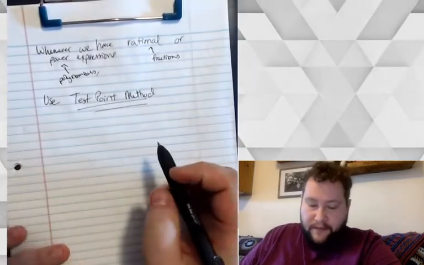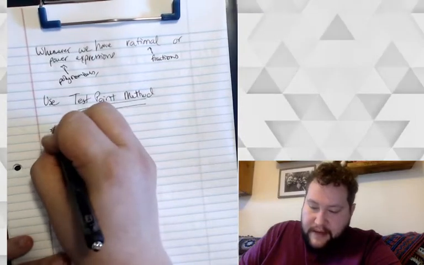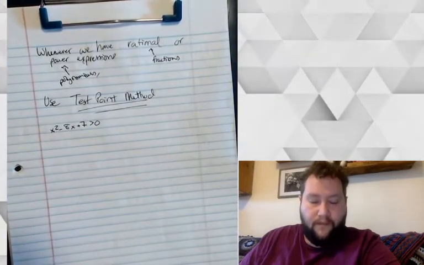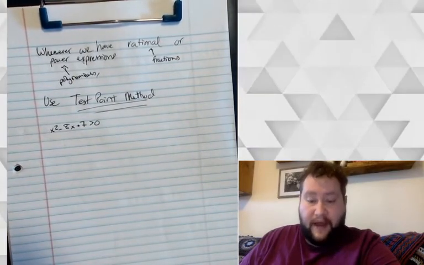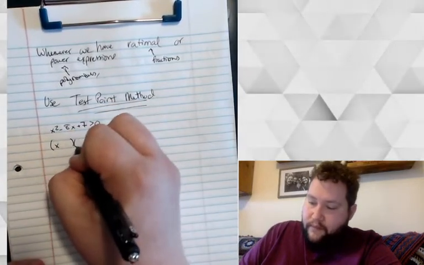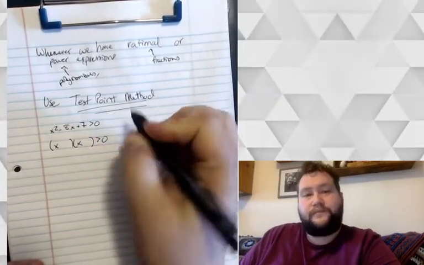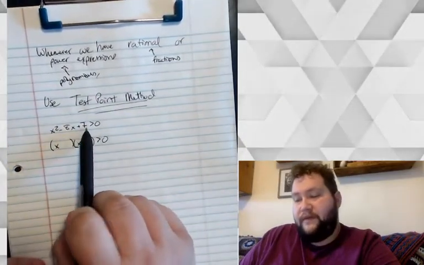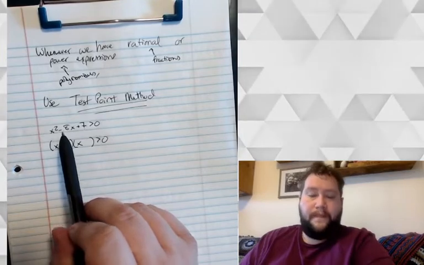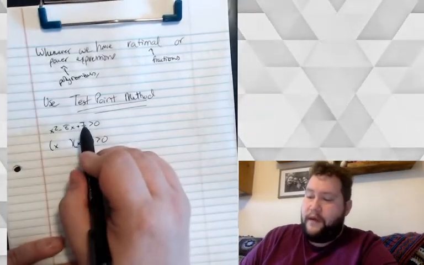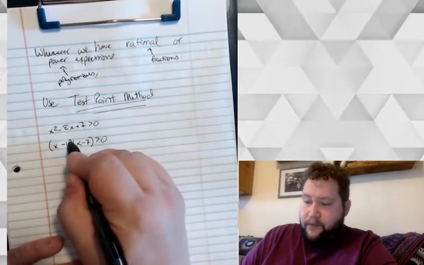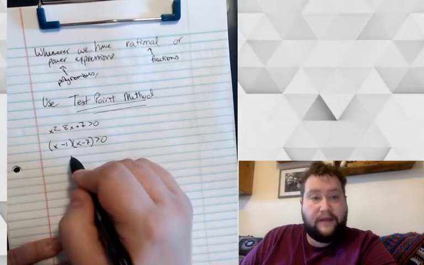So let's say, for example, x squared minus 8x plus 7 is greater than 0. Well, let's go ahead and factor. We have two things that multiply to give us positive 7, and so we have negative 1 and negative 7, which multiply to give me 7, but add to give me negative 8.